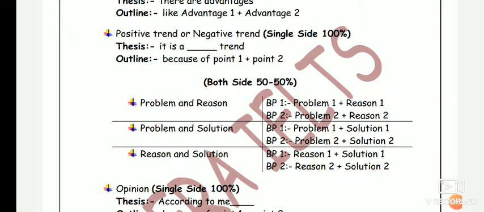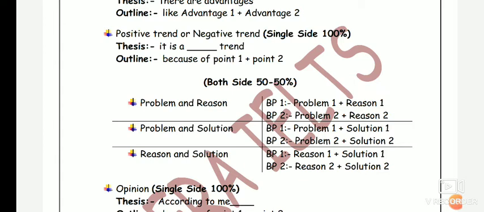Taking an example of pollution again, the problem is traffic jam, and the reason is the huge number of vehicles being constructed. Same for the BP2, you can write the problem which is respiratory diseases or respiratory problems, because of the pollution caused by factories, and the factory is the reason. So this is the pattern for the problem and the reason.